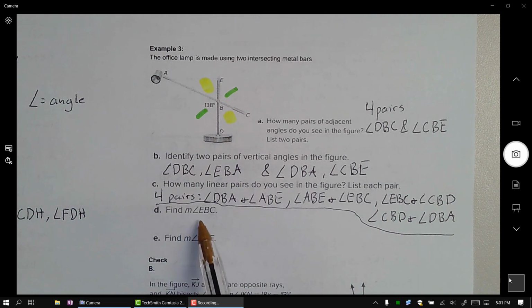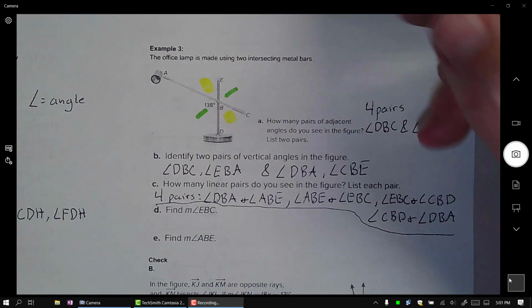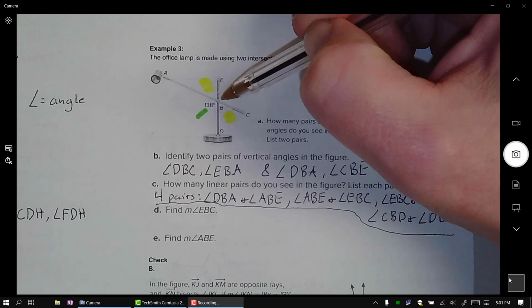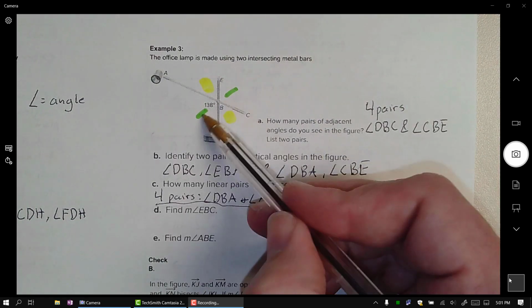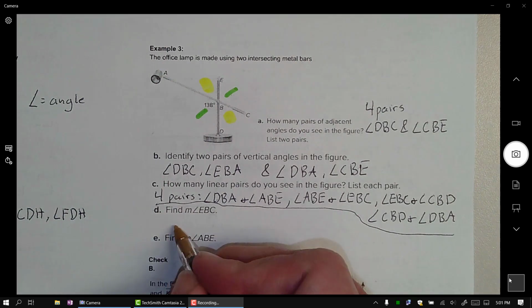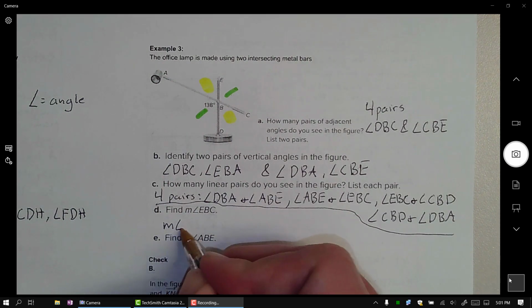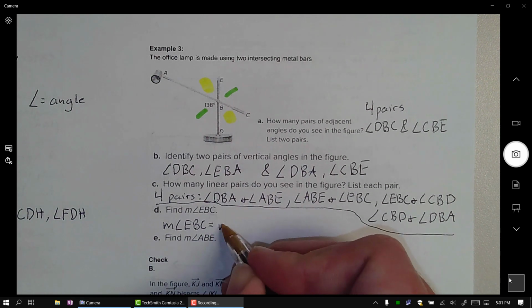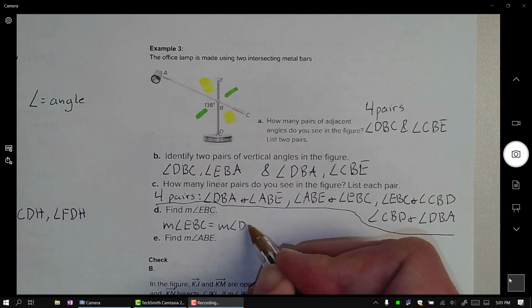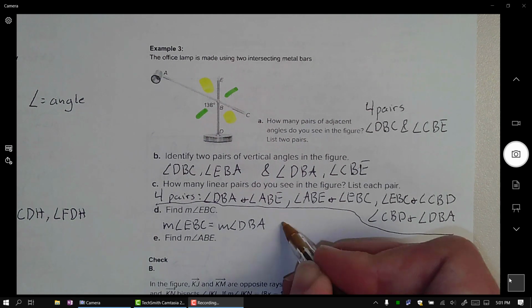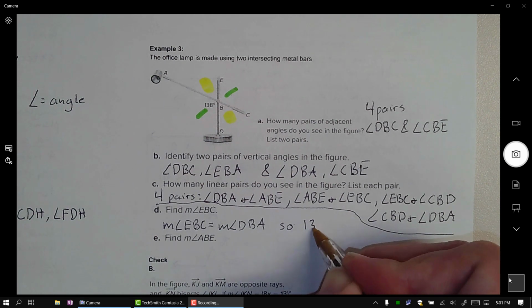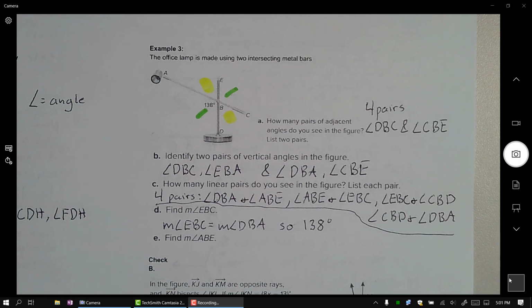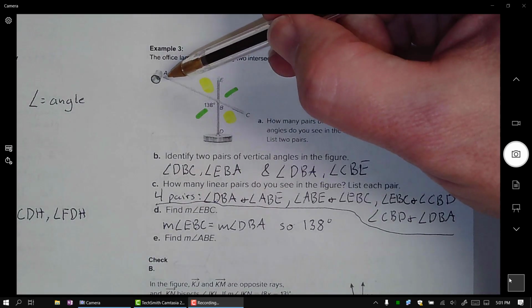Let's find the measure of angle EBC. So EBC. Well, we know these are vertical angles, so if they're vertical angles, the measure of angle EBC will equal the measure of angle DBA, so 138 degrees. Now let's find the measure of angle ABE.